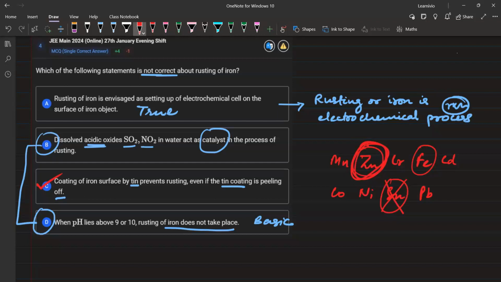Because zinc has a lower reduction potential and higher oxidation potential. We know that rusting is an oxidation process, changing iron into iron oxide. Since zinc has higher oxidation potential, it will be preferred for oxidation rather than Fe. So you can also remember this, that zinc is better than tin. Please write this down.